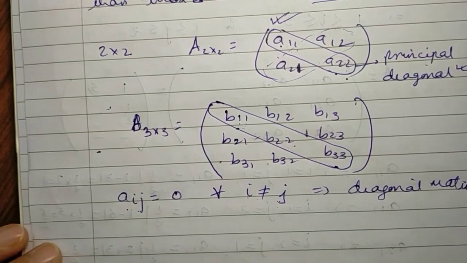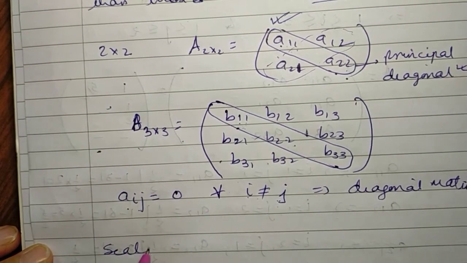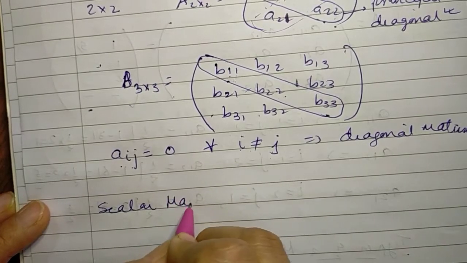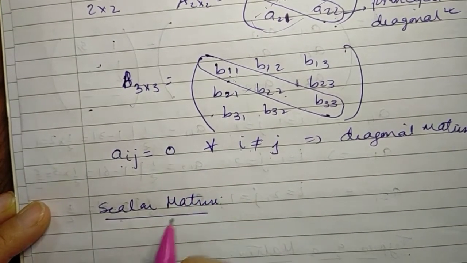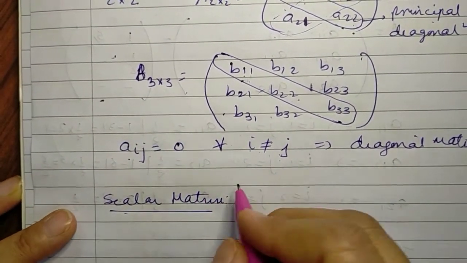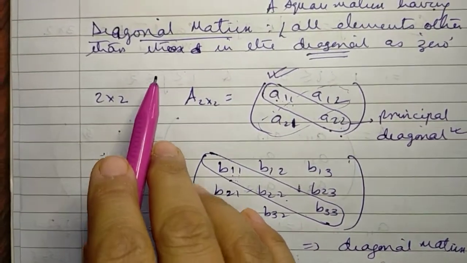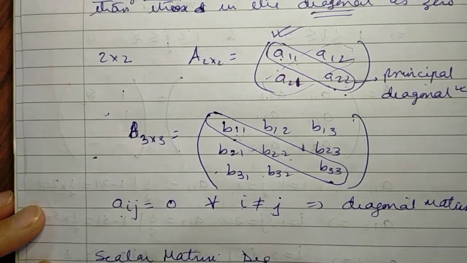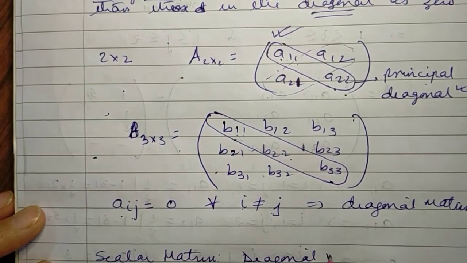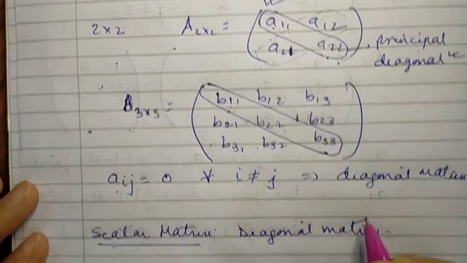Now in the next one, we take a scalar matrix. A scalar matrix is a further specification of a diagonal matrix, so obviously it will be a square matrix.